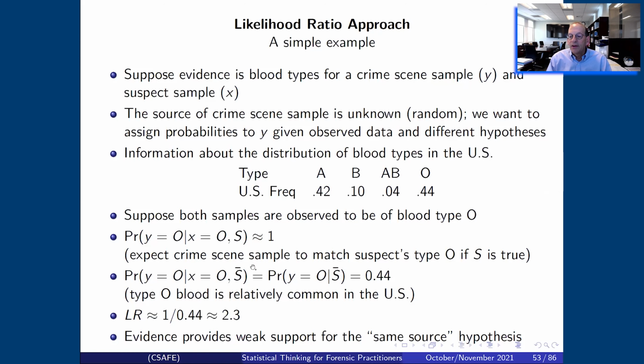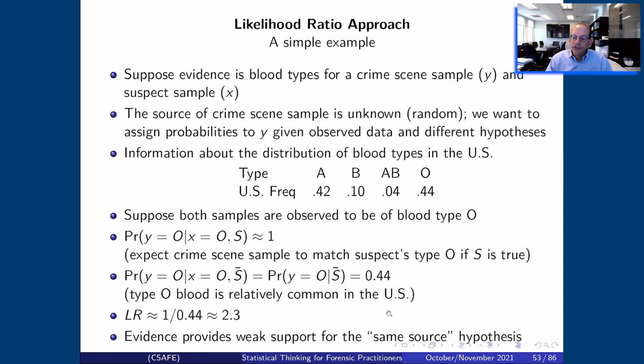And O, it turns out, is relatively common. So it's quite likely, a 44% chance, that we would see O at the crime scene even though the person who left the blood is not the suspect. And the likelihood ratio is the ratio of those 2 probabilities, in this case 2.3, and we would say the evidence provides weak support for the same source hypothesis.